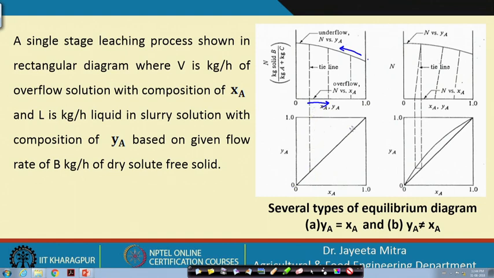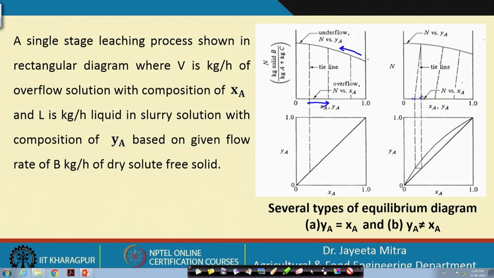This is the 45 degree line. Now, suppose there is a deviation between the concentrations X A and Y A. That means whatever concentration was there in the slurry or in the feed solution has not been fully gained by the solvent, so there is always some gap.